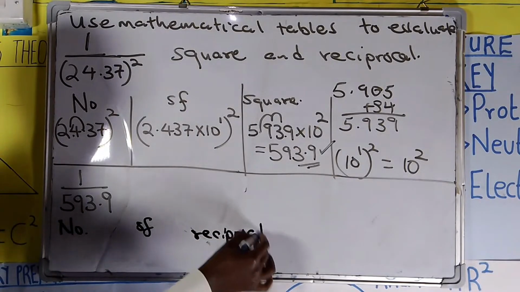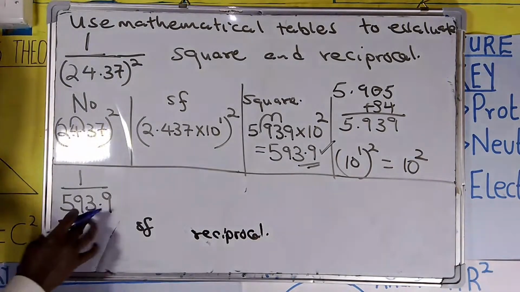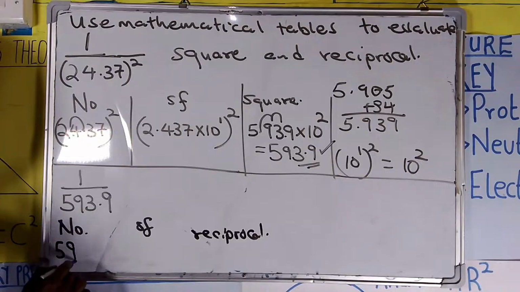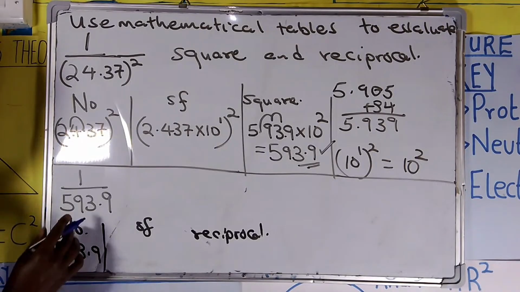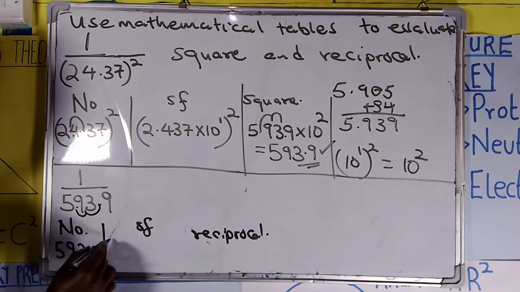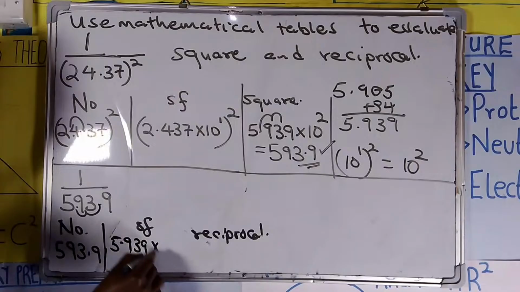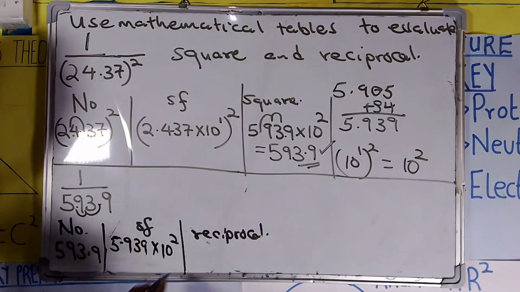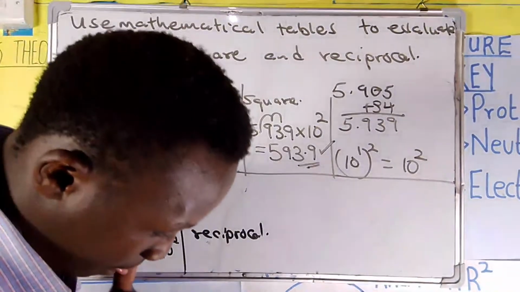Our number is 593.9. Our standard form will be 5.939 times 10 to power 2. So then we find the reciprocal of 5.939.